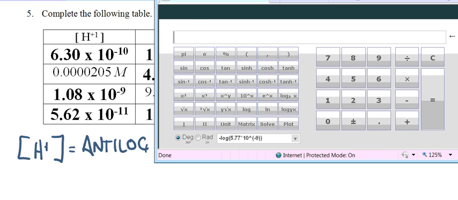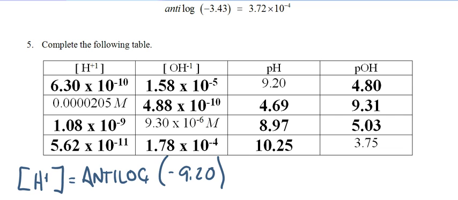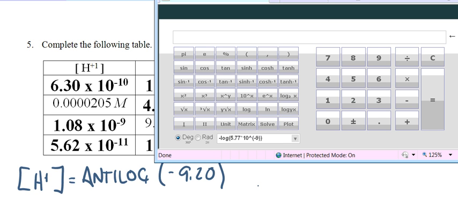Now, I found this really neat calculator here. Well, I don't say it's neat, but it works for what I'm trying to do. So we're going to go second log on this calculator, and negative 9.2.